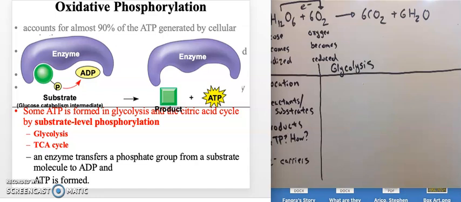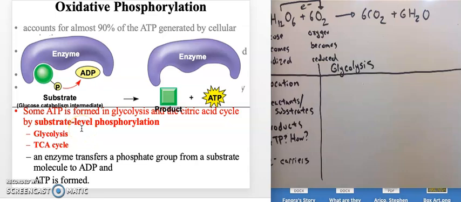I want to point out that there are two different ways that ATP can be synthesized. Most of the ATP that our cells produce happens during the very last steps of cellular respiration, called oxidative phosphorylation. But along the way, we're going to make a little bit of ATP by a process called substrate level phosphorylation.